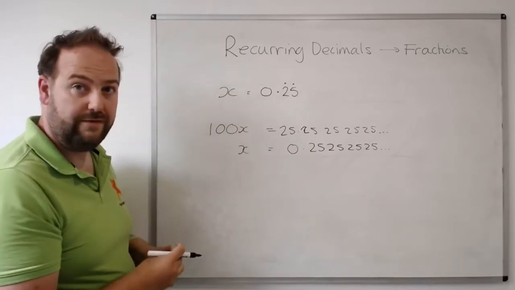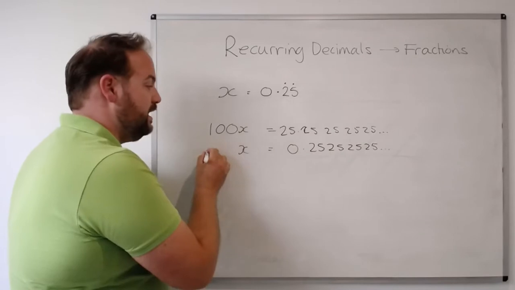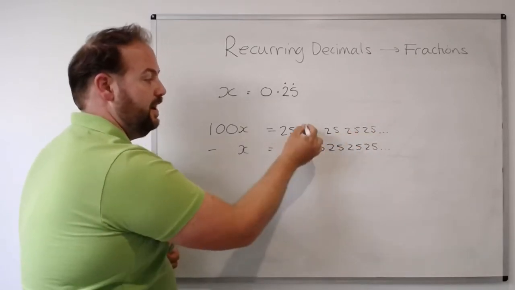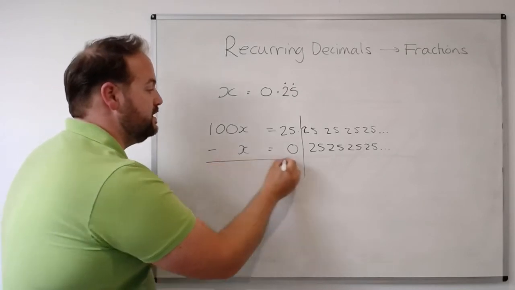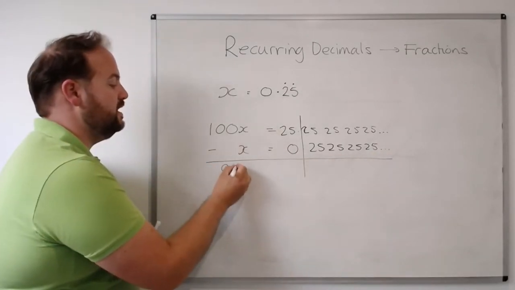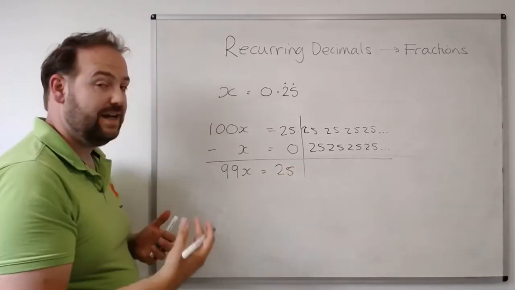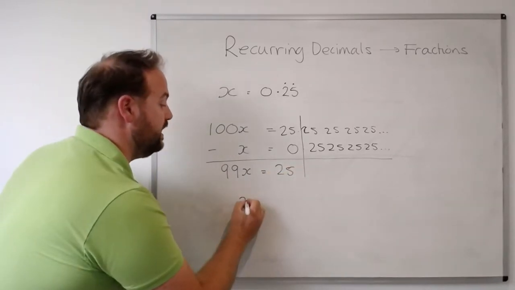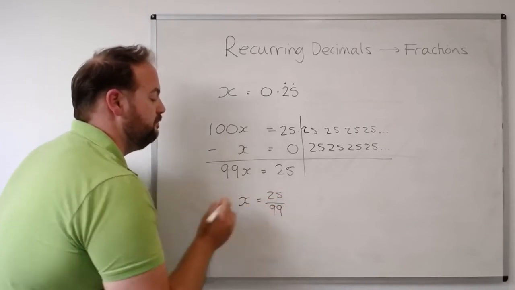As I did on the previous example, all of these will disappear. When you do a takeaway, you end up with zeros all the way along here after that decimal point. You end up simply with, in this case here, 99x equals 25. And as before, I hope you did this, x equals 25 over 99.